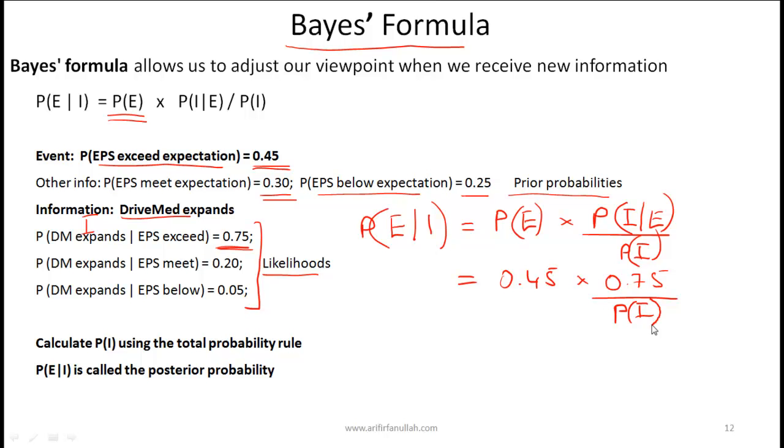unconditional probability, P(I). P(I) is now calculated using the total probability rule.